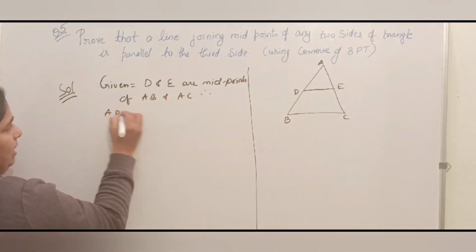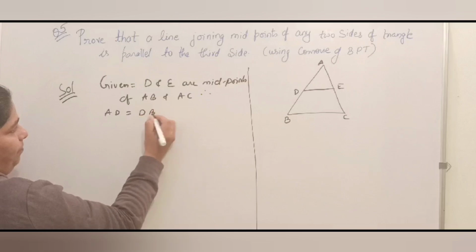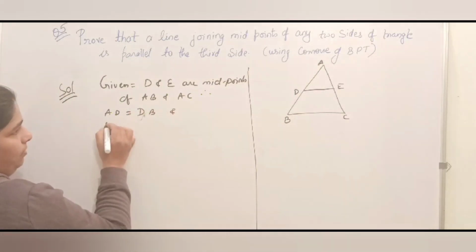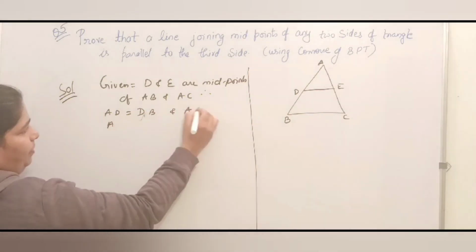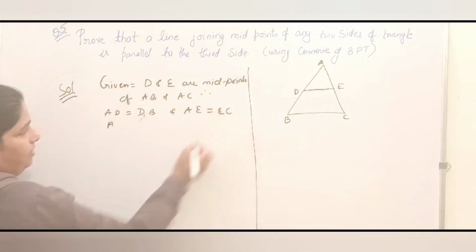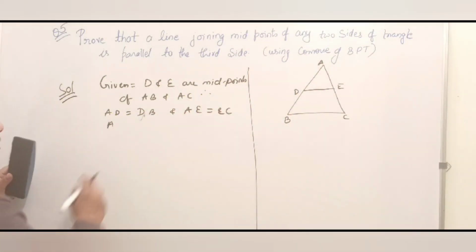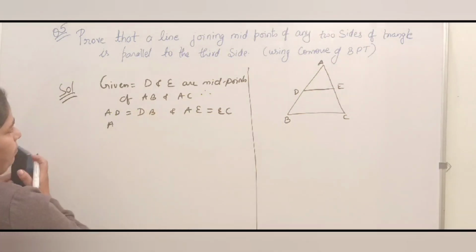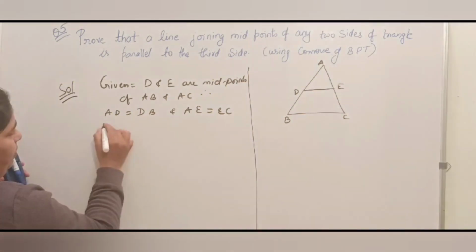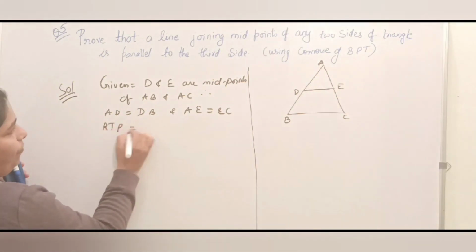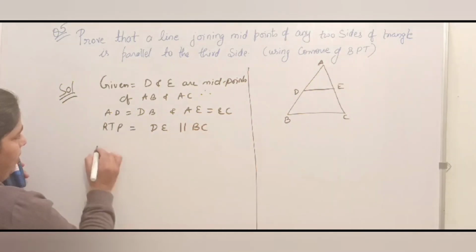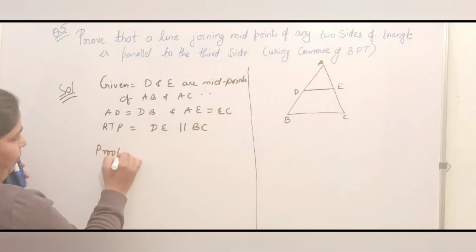Therefore, AD is equal to DB and AE is equal to EC. It is given. Okay. Now we have to write what is required to prove. What we have to prove? That DE is parallel to BC. Okay. Let's start the proof now.